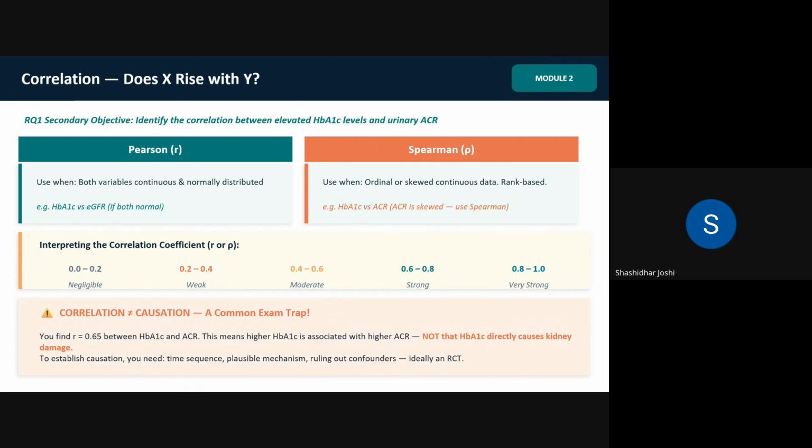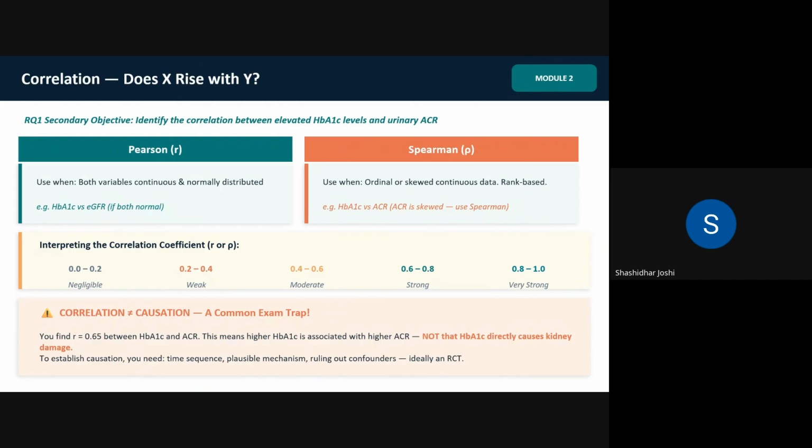If the correlation is 0 to 0.2, we say there is not much dependency between the two variables. If the value is between 0.2 and 0.4, we say it's a weak correlation. Between 0.6 and 0.8, we say there is a strong correlation. And if the value is 0.8 to 1.0, it's a very strong correlation. I did a simple exercise here.